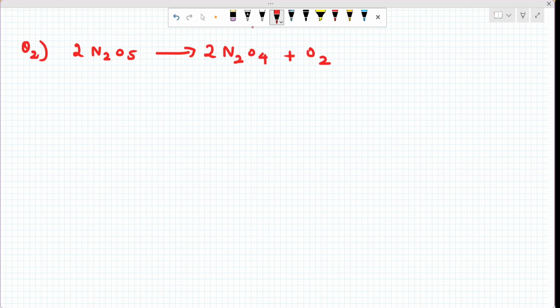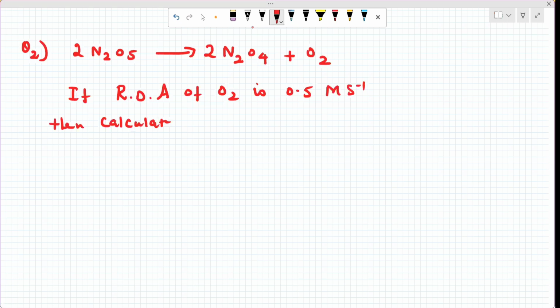If the rate of appearance of O2 is 0.5 molarity per second, then calculate the rate of disappearance of N2O5. Option A 1, option B 2, option C 3, option D 4. Tell me the answer.